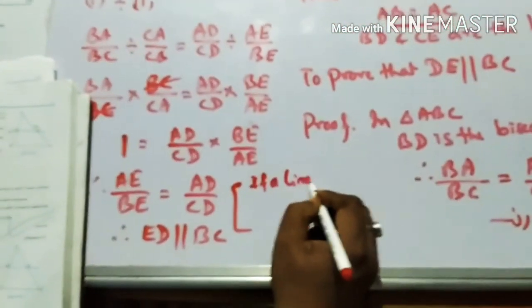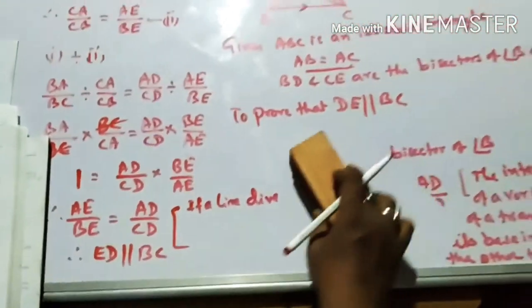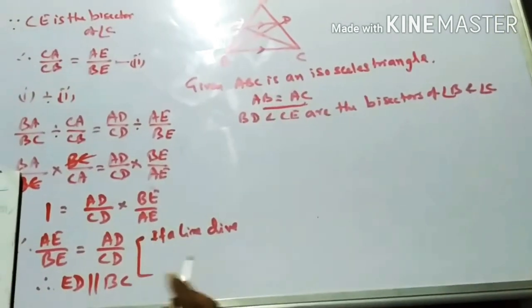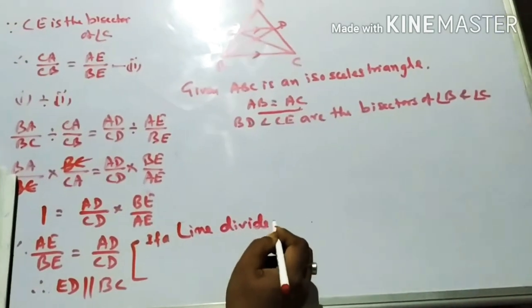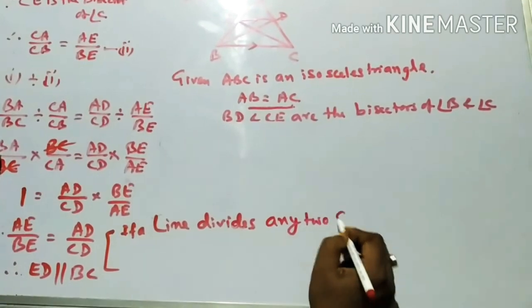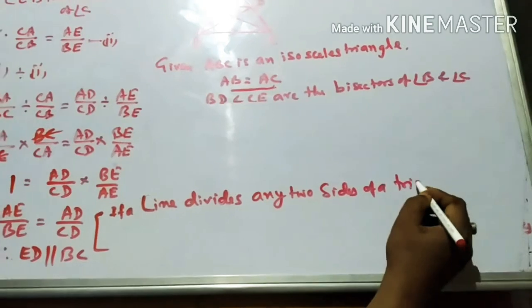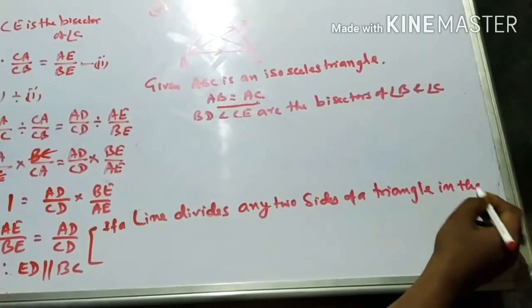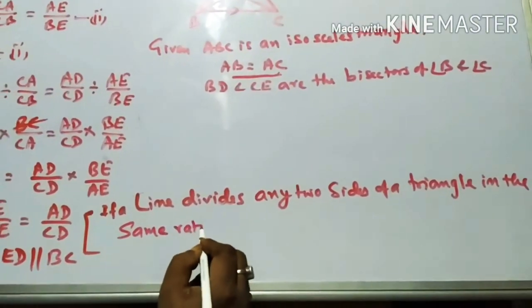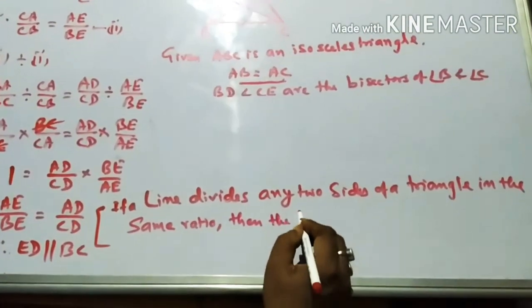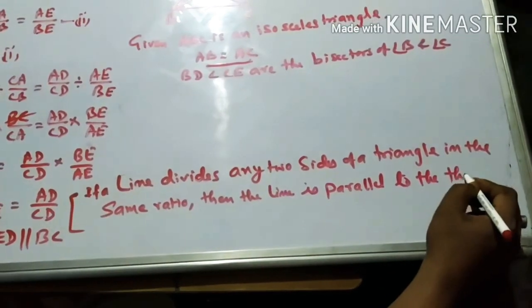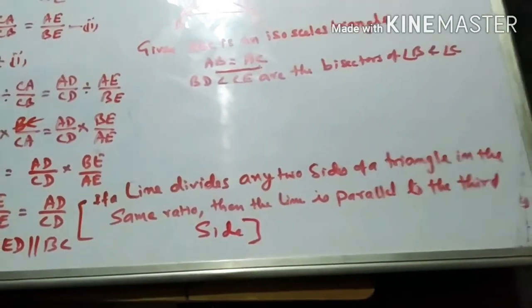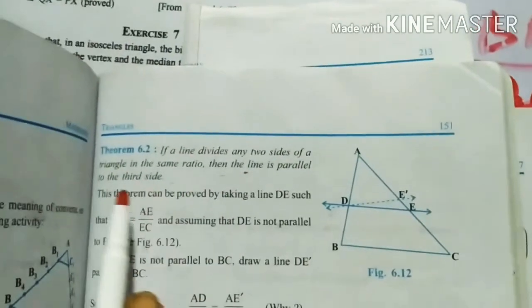I can write it here: if a line divides any two sides of a triangle in the same ratio, then the line is parallel to the third side.